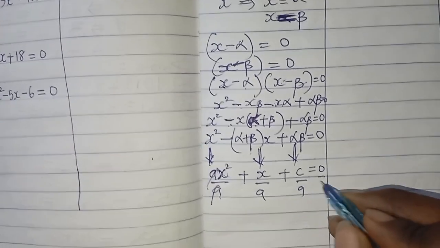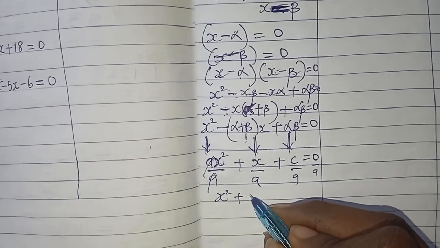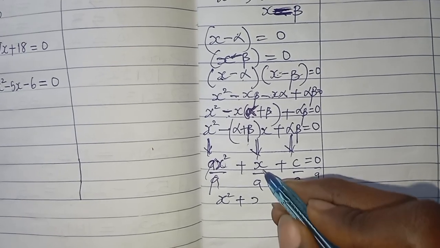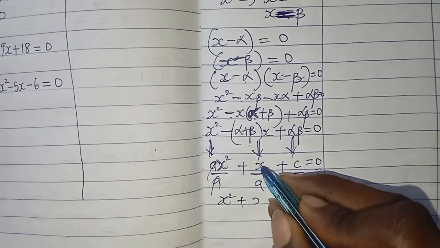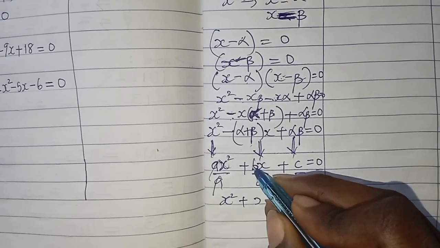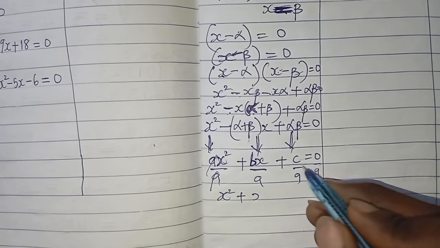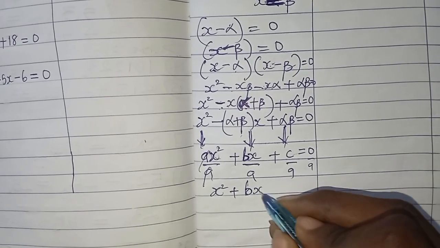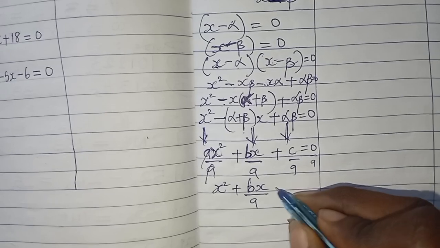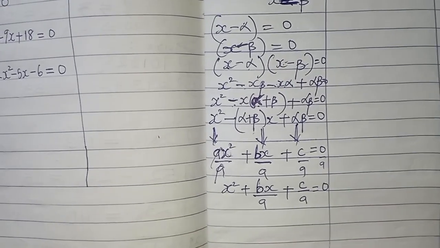So that even if you do over a, this becomes the same as saying x squared plus x. And notice that this part that is x is always having bx in the standard form. It's supposed to be ax squared bx, then plus c, which is the constant. So plus bx over a plus c over a equals to 0.